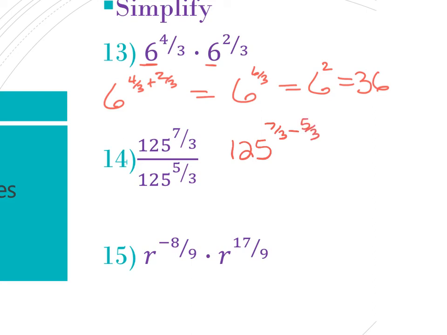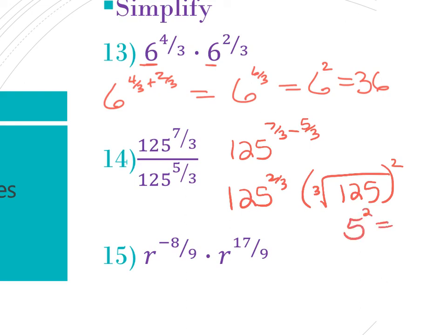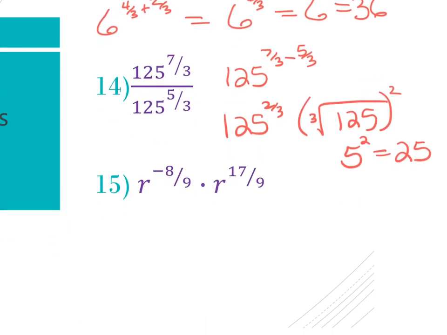I will subtract, 125 to the 2/3 power. Now I have to evaluate this. I'm going to find the cube root of 125 and then square it. Cubed root is 5, squared is 25. This one, again, I have the same base, it's r, negative 8/9 plus 17/9 gives me 9/9, which is 1 whole. So it's r to the 1st or just r.